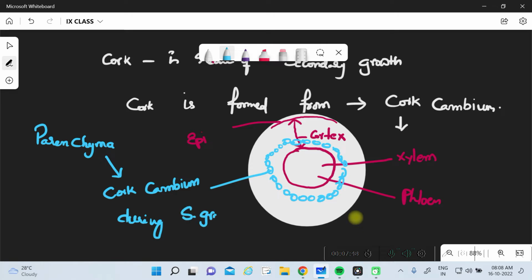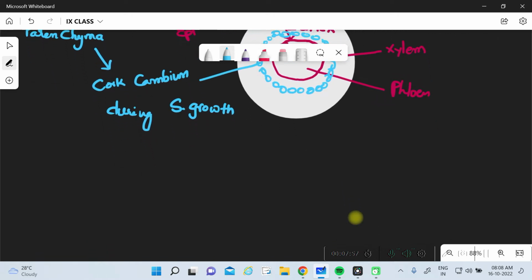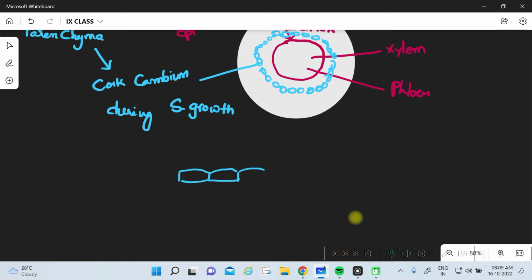So suppose the cork cambium is formed during the secondary growth. Now what happens to the cork cambium? I am just giving you the nature of cork cambium in the form of a linear cell. So you imagine these blue stripes which I am drawing as the cork cambium.